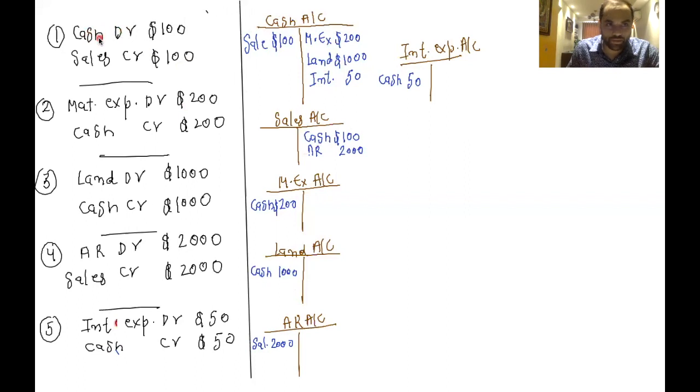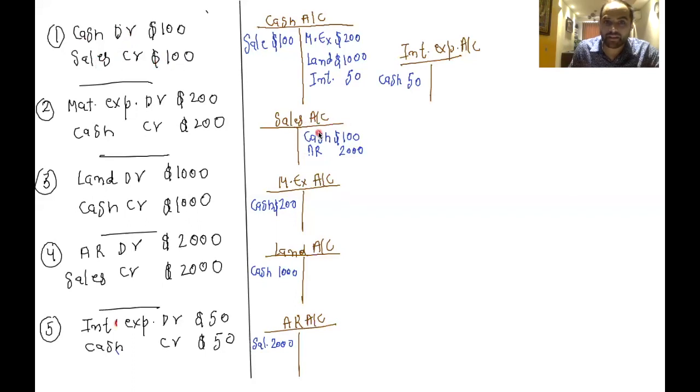So now, how do we write this? Cash. So remember, cash account debit. Why cash account debit? Because of sales. This is debit, right? Cash account debit because of sales. Sales credit. Why sales credit? Because we receive cash. Cash debit, that's why sales credit.